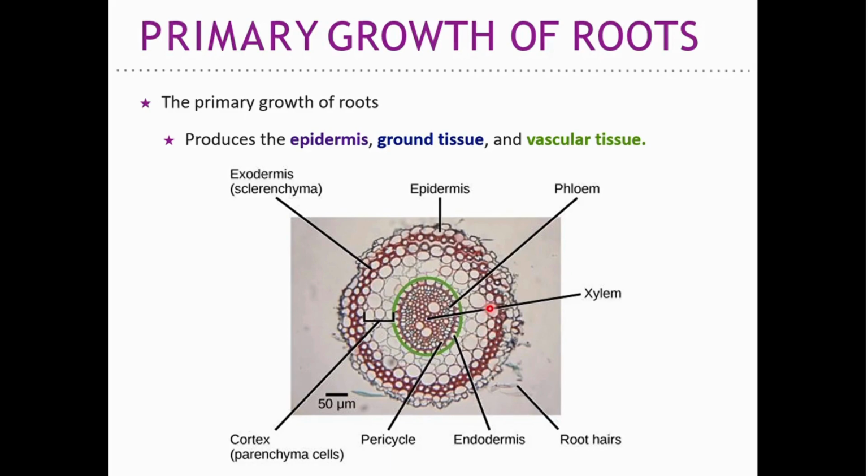This red part is the exodermis, and then in the middle it consists of phloem and also xylem in a circular pericycle.